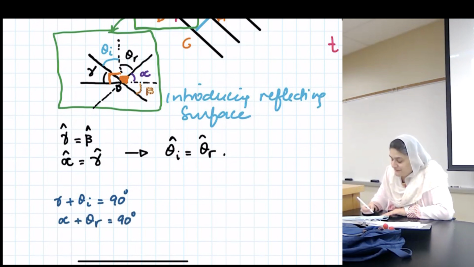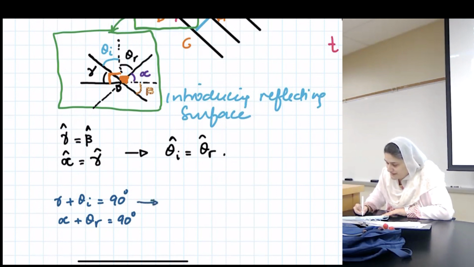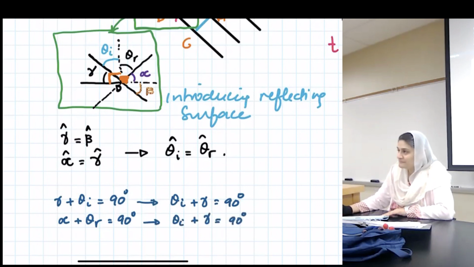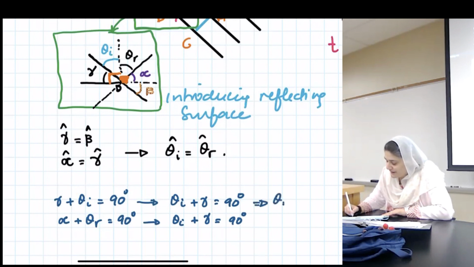We said that gamma was the same as beta. So can I rewrite this as theta I plus gamma equals 90 degrees? So that means theta I is 90 minus gamma, correct?